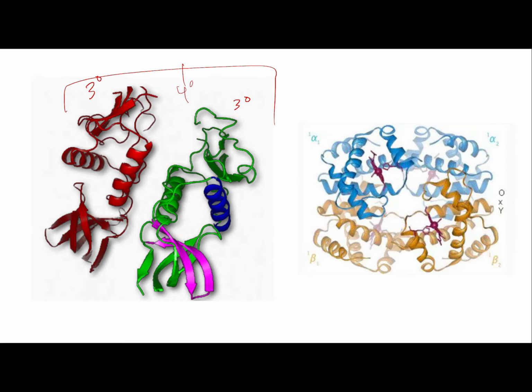So homotropic, meaning the molecule that is the effector is also the substrate of that molecule, or heterotropic, meaning the molecule that's the effector is different from the substrate. Now, allosterism gets covered a little later in a different chapter, so right now, that's all I'm going to say about it.